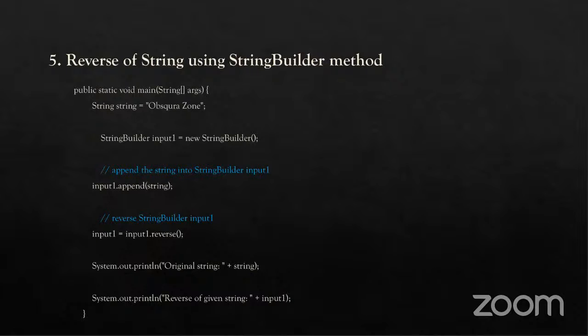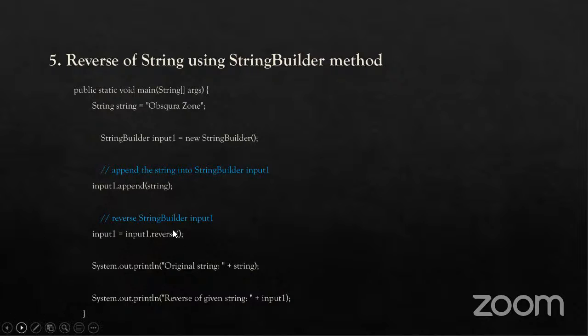So we have the delete method also, to delete some characters from a string. If we want to delete some words or characters at some index positions, we can give those index positions to delete them.